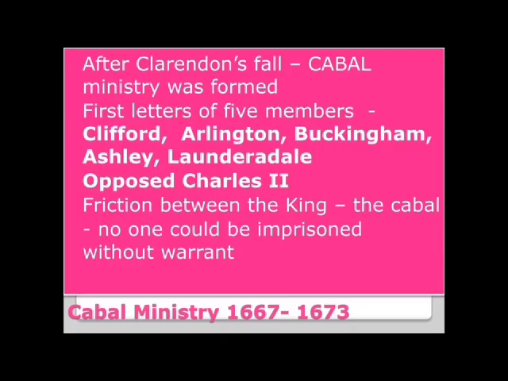This Cabal ministry opposed Charles II. So there was friction between the king and the Cabal. No one could be imprisoned without a warrant. This was the law implemented by the Cabal ministry, but it was not accepted by Charles II.